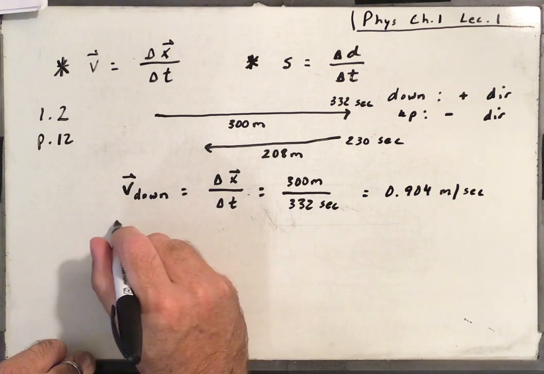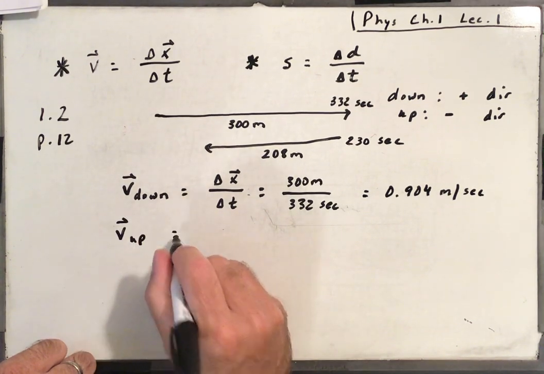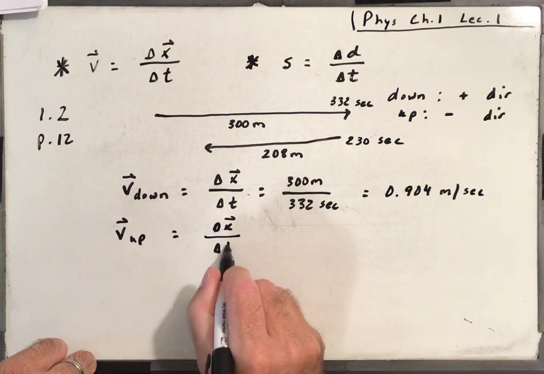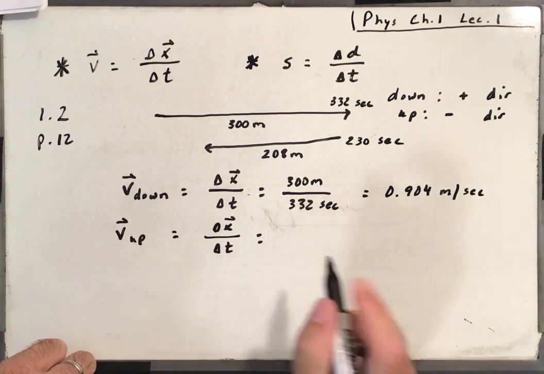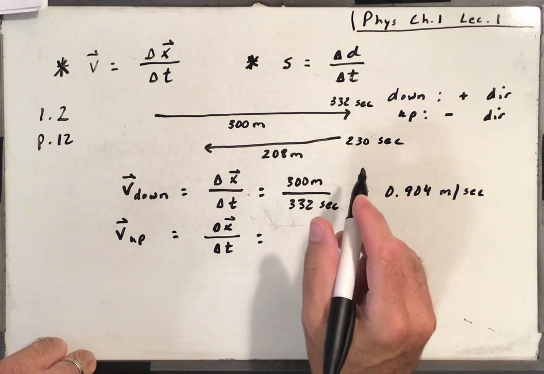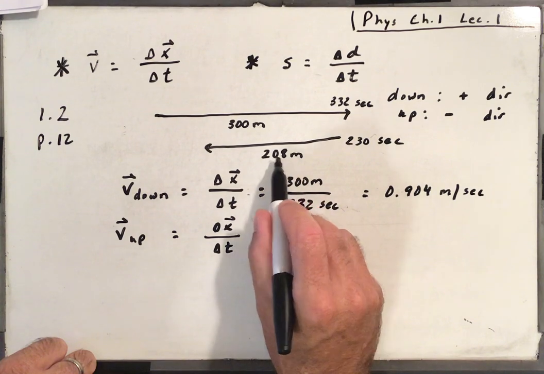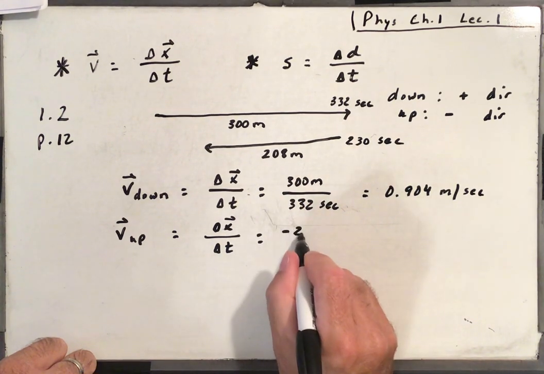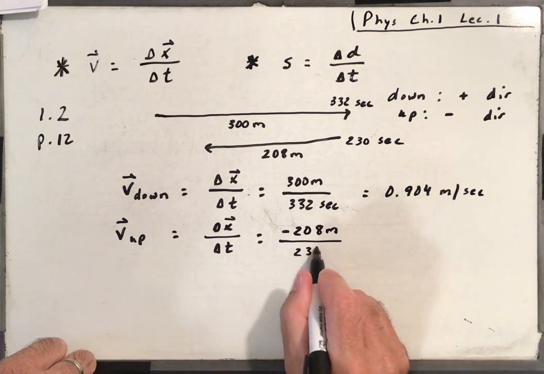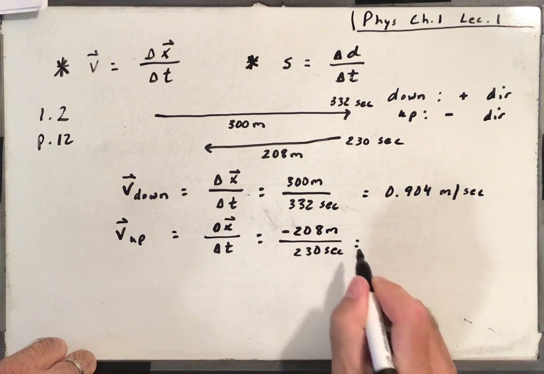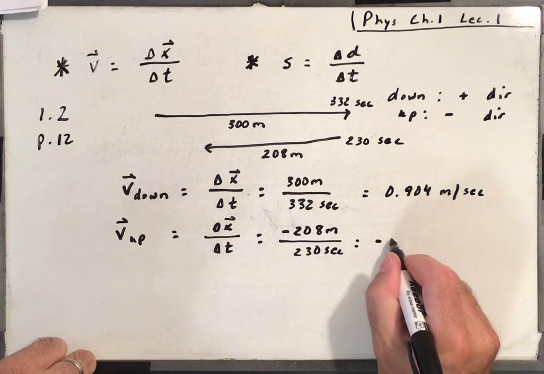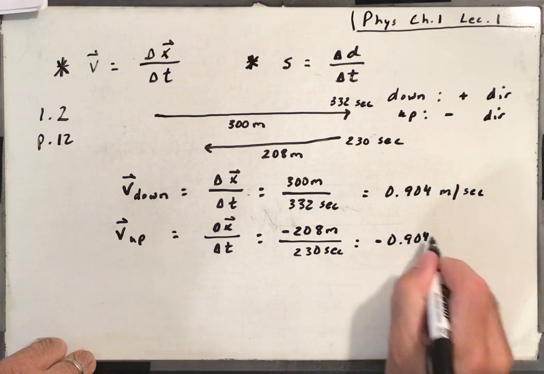And then the velocity up the street, also change in displacement over change in time. Now here's where we have a little bit of a new concept. The direction is negative, so we have to put negative 208 meters over 230 seconds. I wish the author had given a different number here, but that'd be negative 0.904 meters per second.